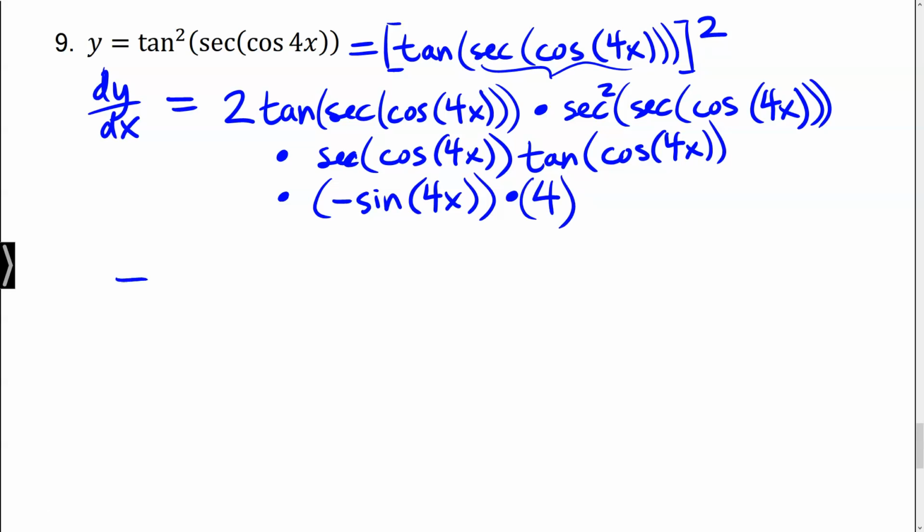If we put this all together, it's kind of a mess, but let's see. We've got a 2, we've got a 4, we've got a minus. So altogether there's a minus 8.